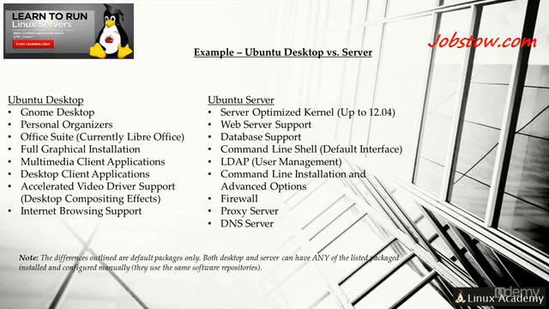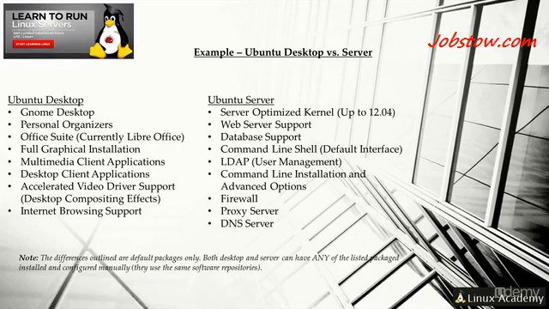It also has a number of personal organizers, an Office suite, which grew out of OpenOffice, now called LibreOffice, a full graphical installation, which you can click through very quickly and have the install started in less than 5 minutes, which we'll see in a subsequent video, as well as multimedia client applications, desktop client applications, accelerated video driver support for desktop compositing effects, and for support of games that run on Steam, for example, and internet browsing support.